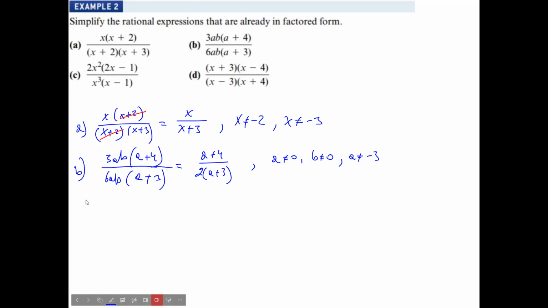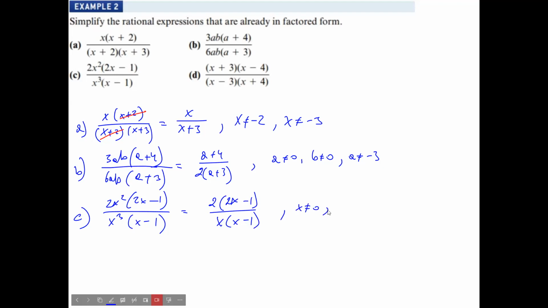Okay, so C, 2x squared, 2x minus 1 over x cubed, x minus 1. What I see here is x squared and x cubed, so 2x minus 1 over x times x minus 1. That's the only thing I can do here. And x not 0, x not 1.